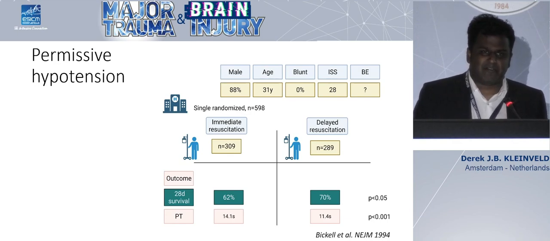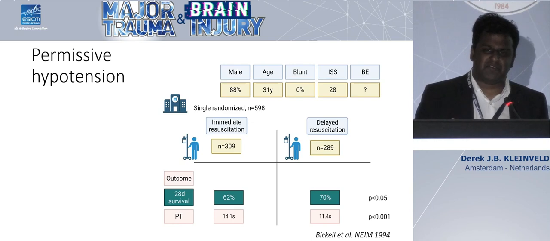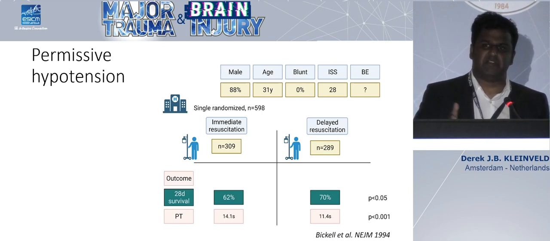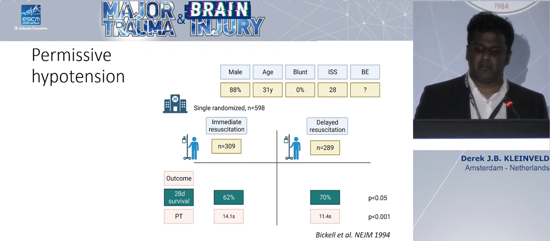And here you have a fairly old trial. They randomized, in a single center in the US, penetrating trauma patients, either to the abdomen or to the chest, to immediate resuscitation with crystalloids in the pre-hospital phase versus a delayed resuscitation in the OR.